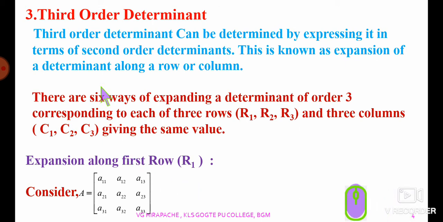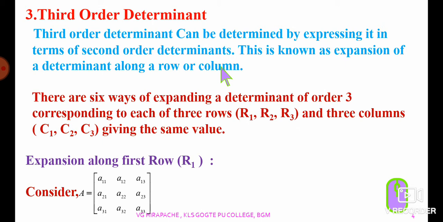Now my dear students, in this slide, we are going to study how to evaluate the third order determinant, or simplification of the determinant of order 3. Third order determinant can be determined by expressing it in terms of second order determinants. This is known as the expansion of the determinant along the row or column.